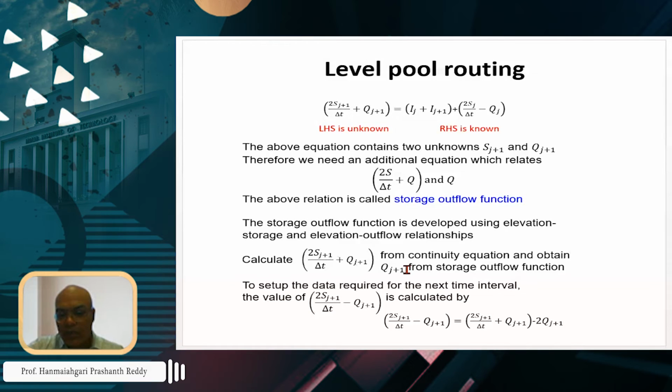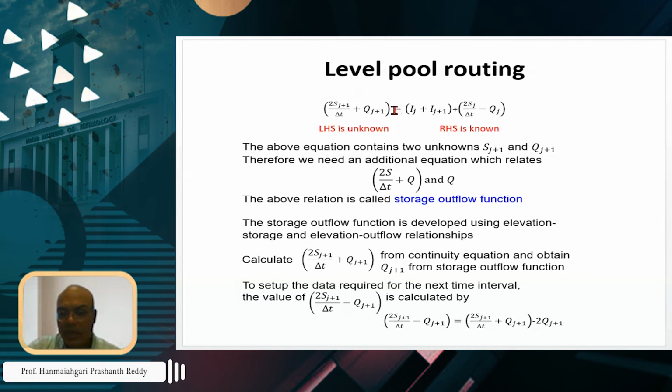So once Q_{j+1} is known, then for the next time level, this right hand side second term is computed as 2S_{j+1}/Δt − Q_{j+1}, which is equal to 2S_{j+1}/Δt + Q_{j+1} − 2Q_{j+1}. Once we know this, that becomes the second term in this equation for the next time interval.